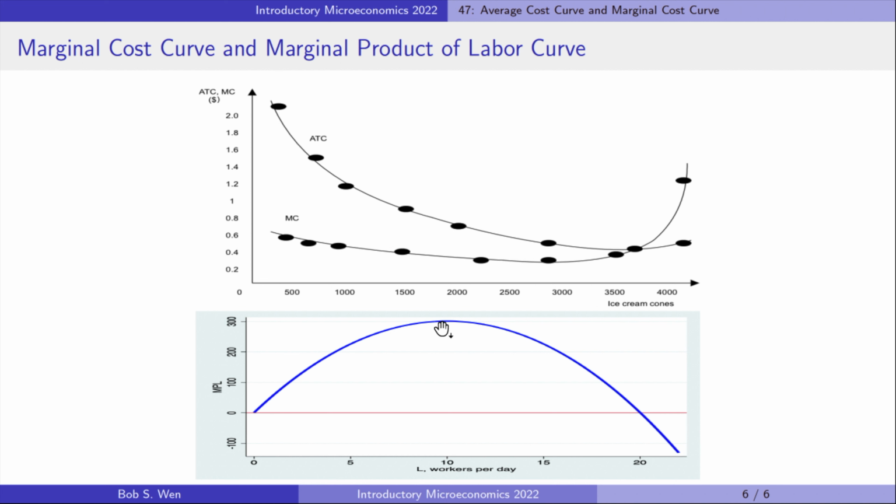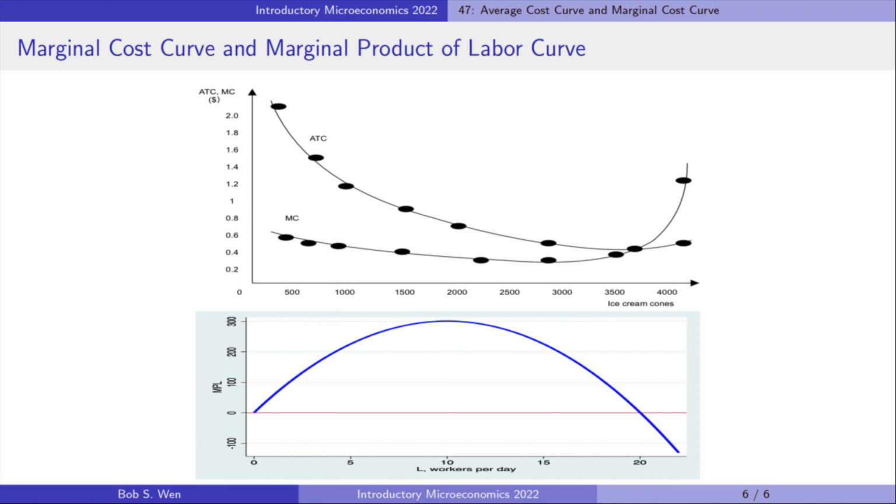increases initially for the lower level of labor, which corresponds to the lower levels of output on the marginal cost curve. In this region of the marginal product curve, one more worker employed is more productive than the previous workers, meaning that the new worker can produce more output than the existing labor.